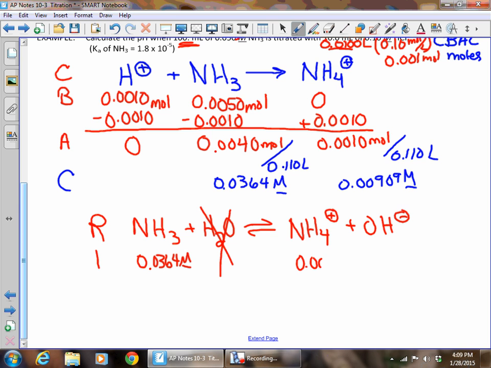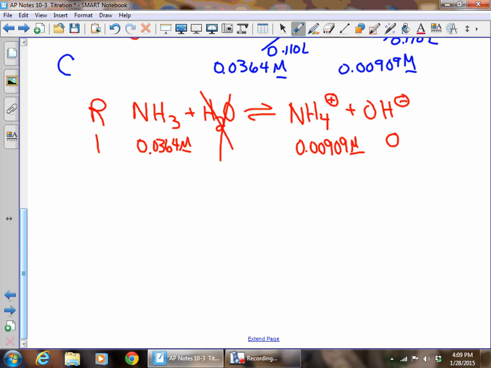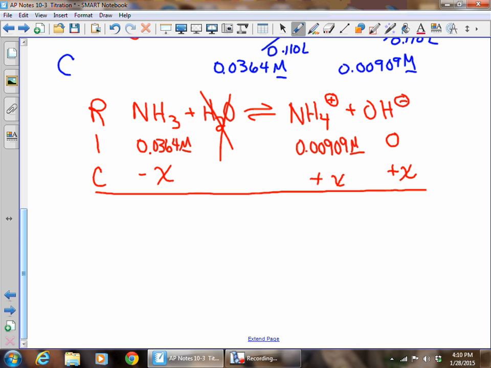NH4 plus is 0.00909 molar, and we don't have any hydroxide at this point. So our change is going to be minus X for NH3 and plus X for both NH4 plus and OH minus. So 0.0364 minus X, 0.00909 plus X, and X for our equilibrium values.